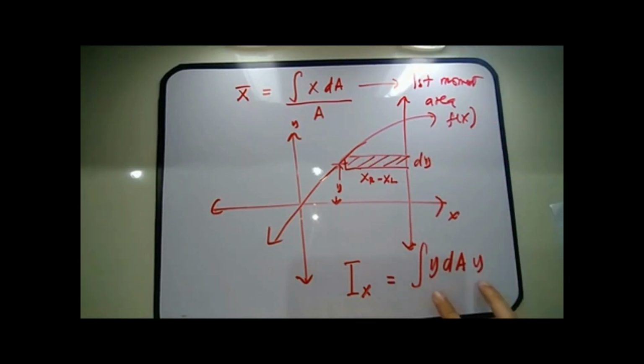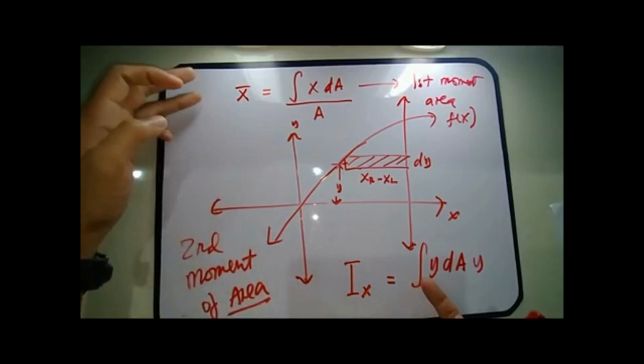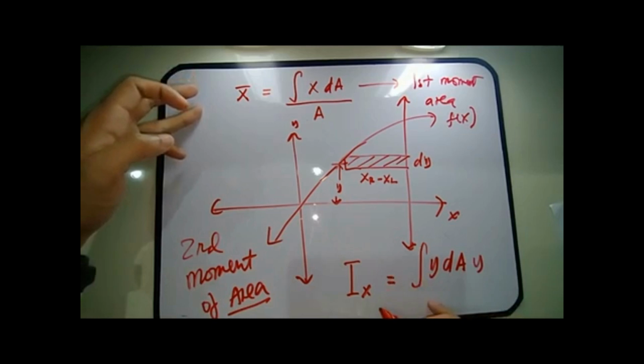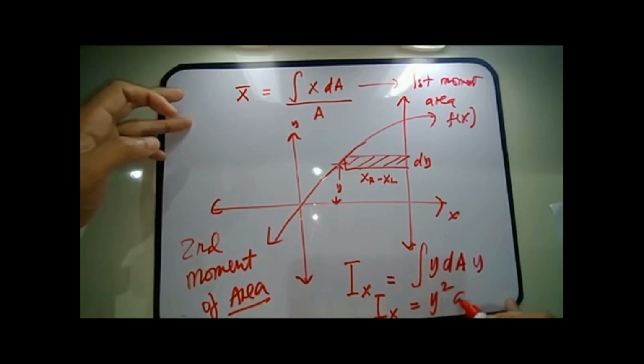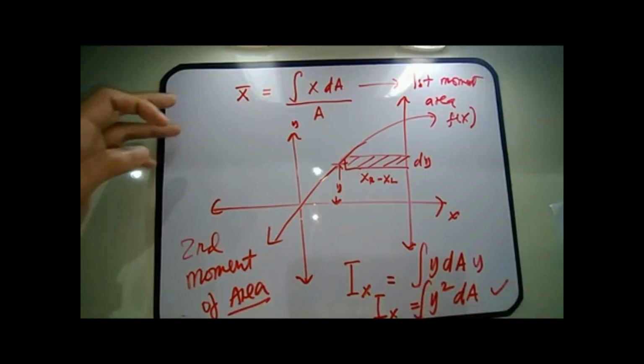That's why we call the moment of inertia the second moment of area, because it has a connection to our centroid. So, this will become Ix equals the integral of y squared dA. This is our formula with respect to x.